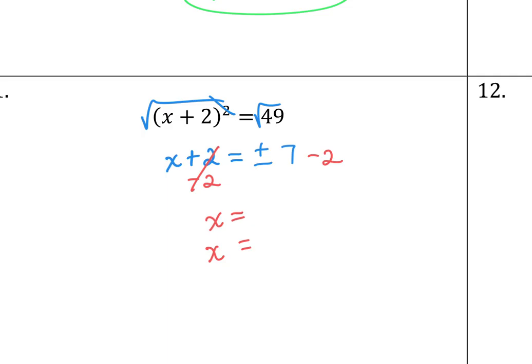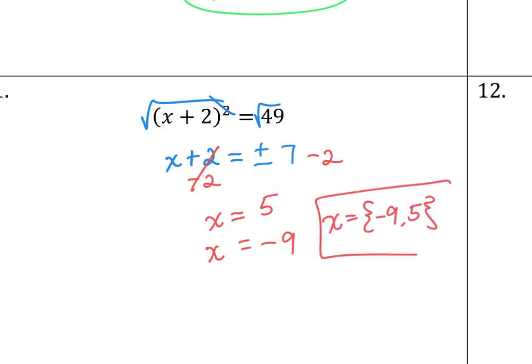That's how you get those two answers. So 7 minus 2 is 5, and then you would do the negative 7 minus 2 and get negative 9. So those are your two solutions for that quadratic.